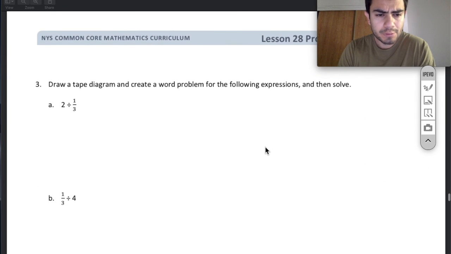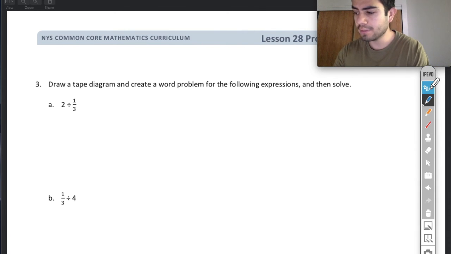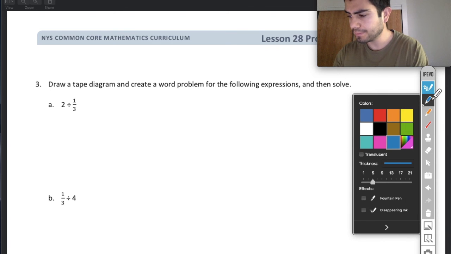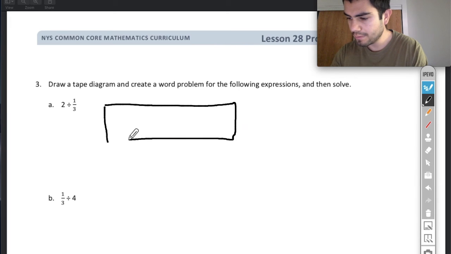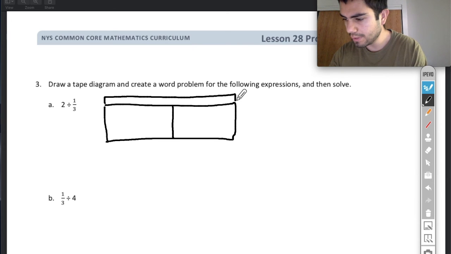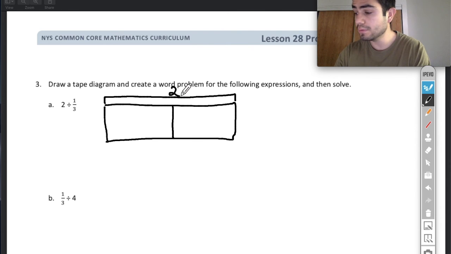Alright, so this one says draw a tape diagram and create a word problem. Let's focus just on the tape diagram here. So here we have 2 wholes being divided into thirds. 2 wholes will be shown like this. My tape diagram with 2 wholes.